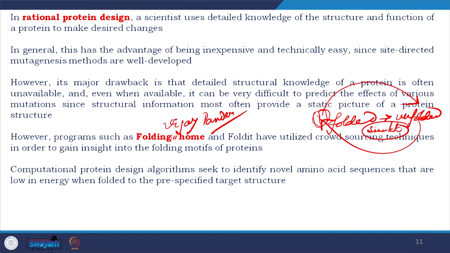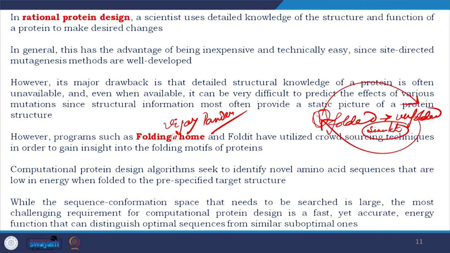Computational protein designing algorithms seek to identify novel amino acid sequences that are low in energy when folded to the pre-specified target structure. While the sequence conformation space that needs to be searched is large, the most challenging requirement for computational protein designing is a fast yet accurate energy function that can distinguish optimal sequences from similar suboptimal ones.